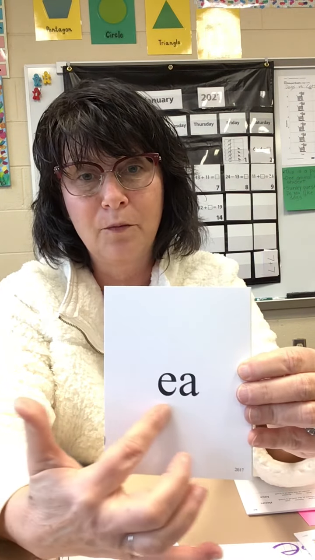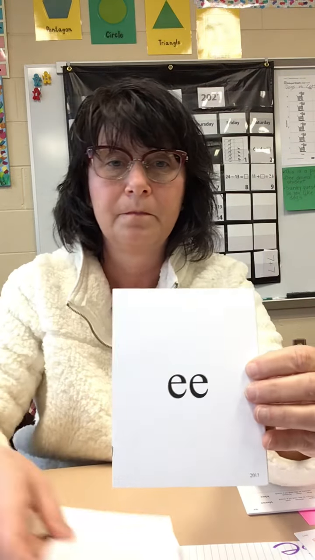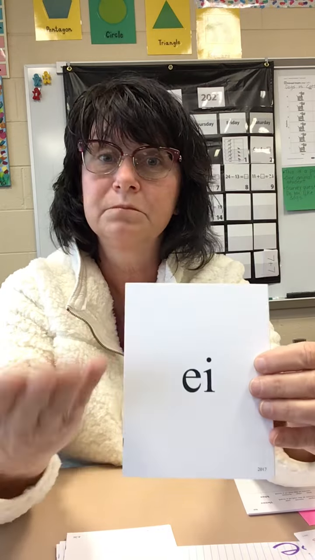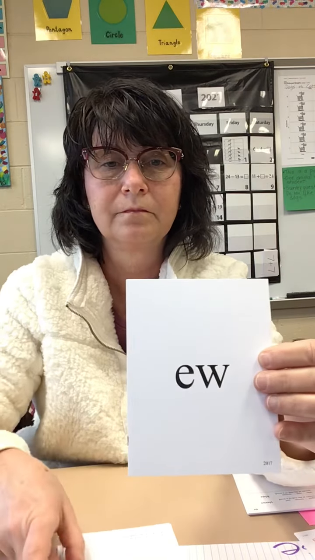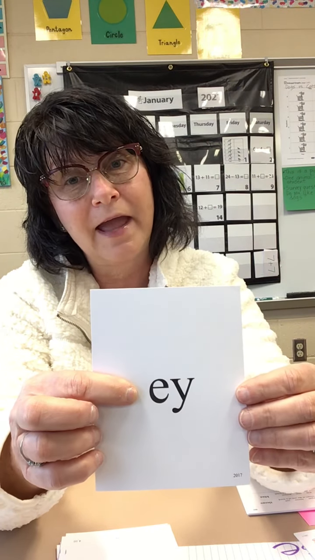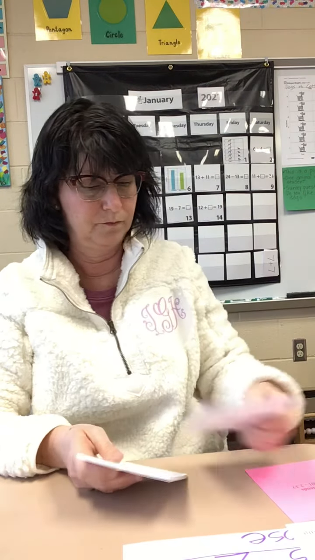That's why this vowel pattern, this vowel team makes an E sound. E, E, ew, and E, or it could say A, either one. E in the word like key, A like in the word they. Okay? Those are our blends.